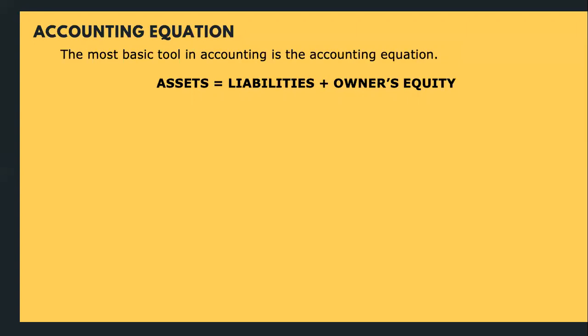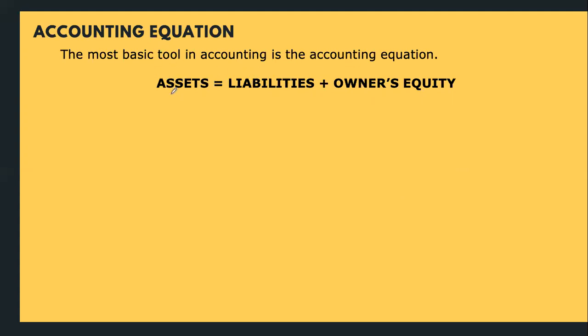So you have assets equals liabilities plus owner's equity. Therefore, dapat equal. So your total assets should equal to your total liabilities plus total owner's equity. This is part of the elements of the financial statement. You have assets, liabilities, and owner's equity.